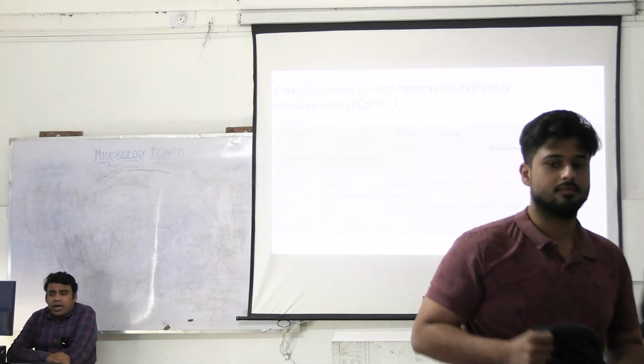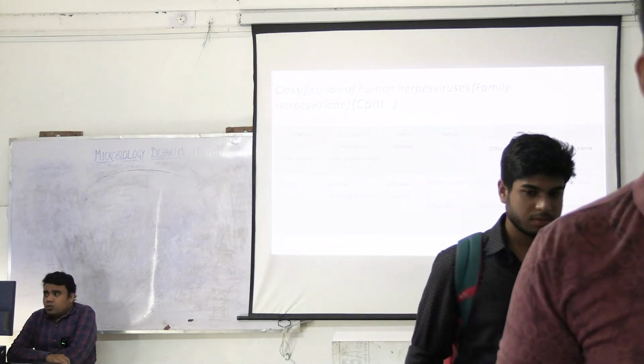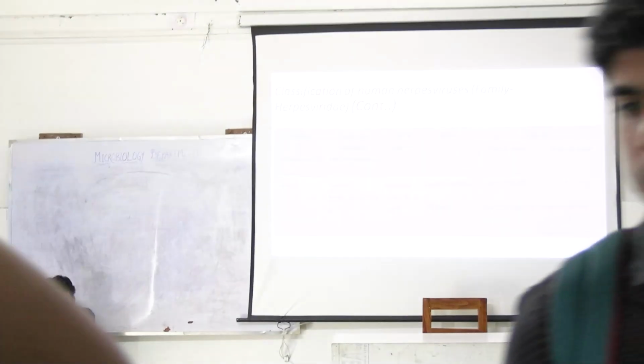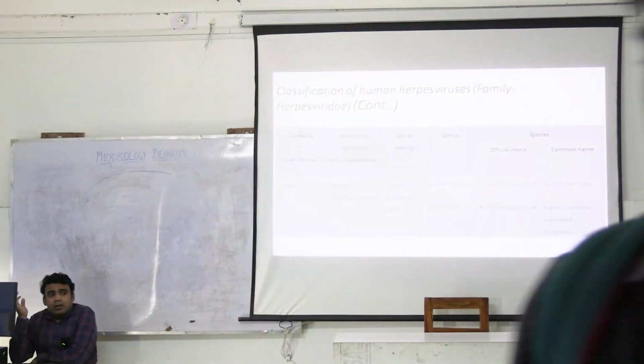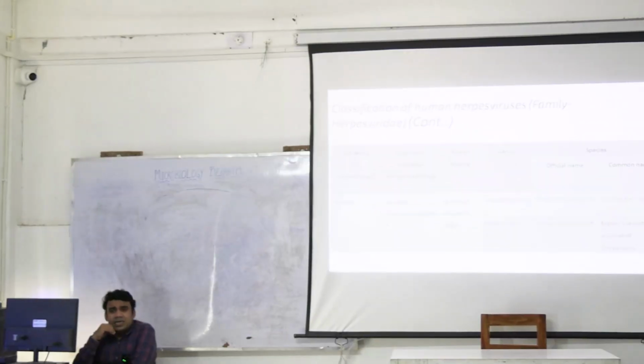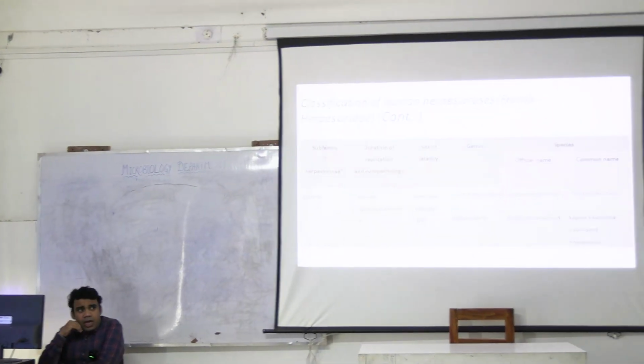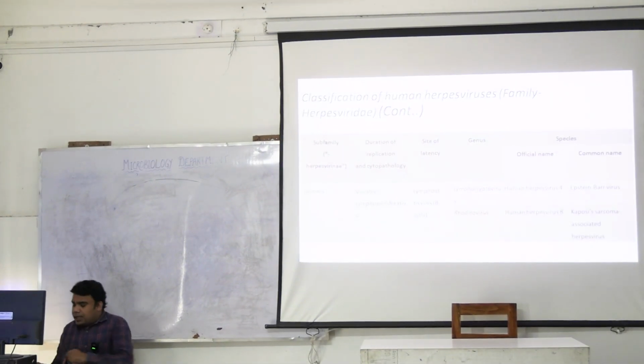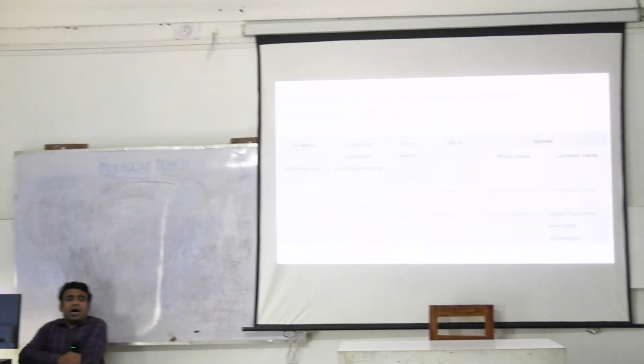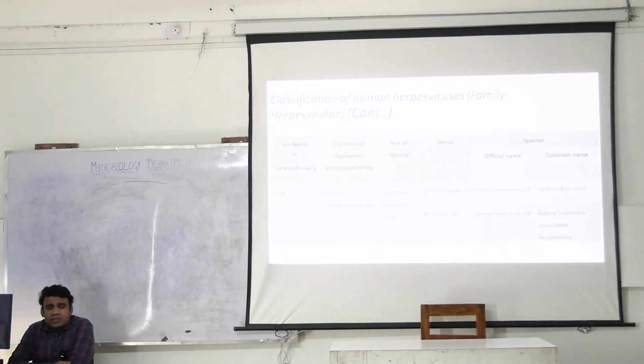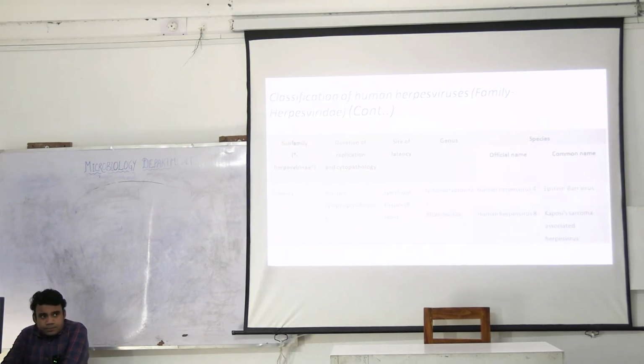And finally, we have the gamma subfamily, which has human herpes virus 4 and 8. Human herpes virus 4 is more commonly known as Epstein-Barr virus, and human herpes virus 8 is now called Kaposi sarcoma associated herpes virus. It is implicated as a causative agent of Kaposi sarcoma.